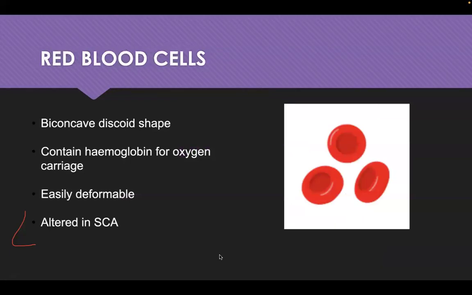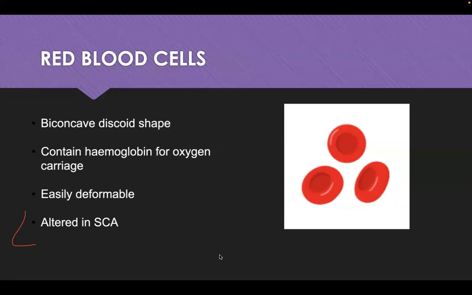So, starting off easy, let's have a look at red blood cells. Red blood cells or erythrocytes, you can see it as both, make up about 40% of the total blood volume and play a crucial role in oxygen transport. And they're around 6 to 8 micrometers in diameter. Now, the key thing about them is that they have this biconcave discoid shape.